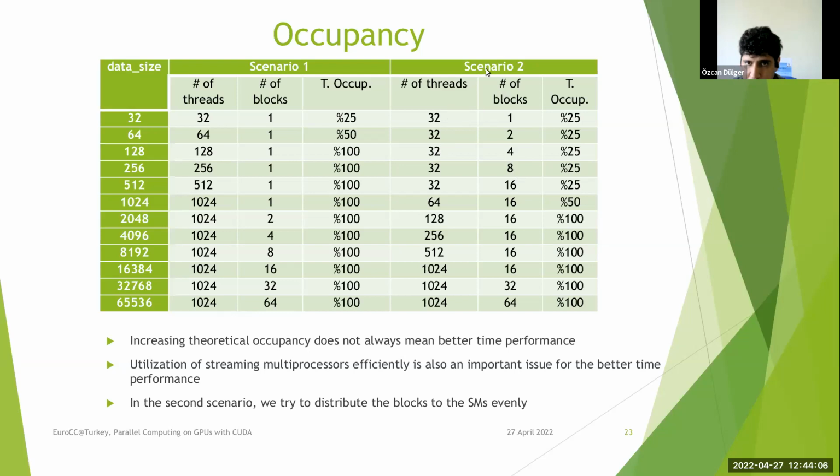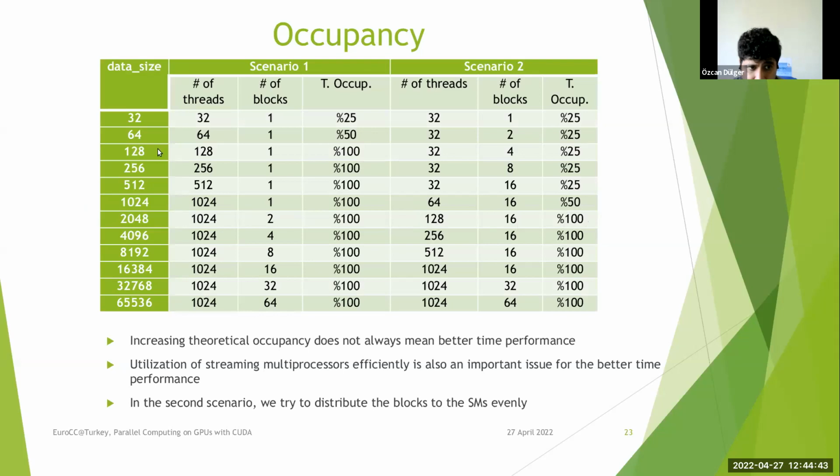Let's check the theoretical occupancy of scenario 2. Here, since the number of threads is 32 up to 2^9, the theoretical occupancy is 25%, as you see. When we double it to 64, the theoretical occupancy increases to 50%. When the number of threads is 128, the theoretical occupancy becomes 100.